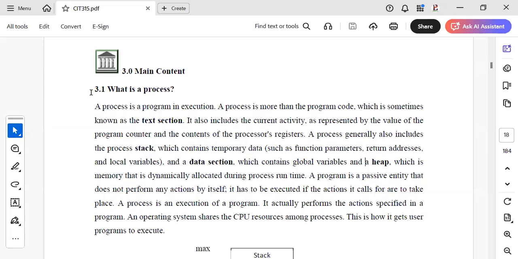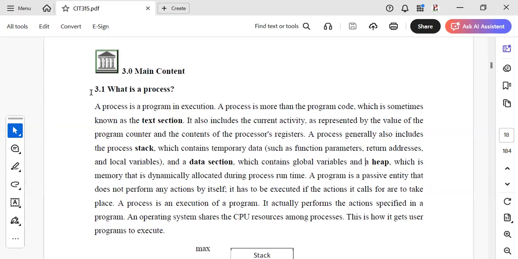The process generally also includes the process stack, which contains temporary data such as function parameters, return addresses, and local variables, and a data section, which contains global variables, and a heap, which is memory that is dynamically allocated during process runtime.